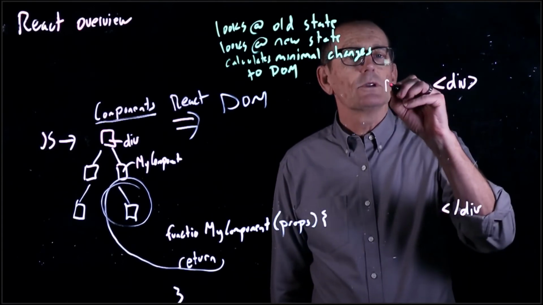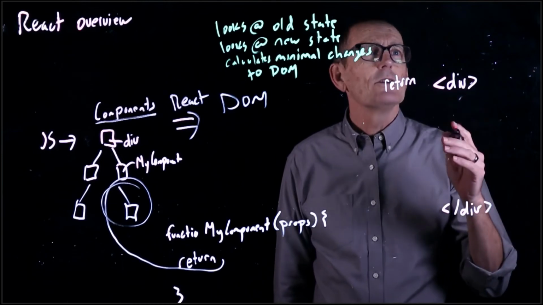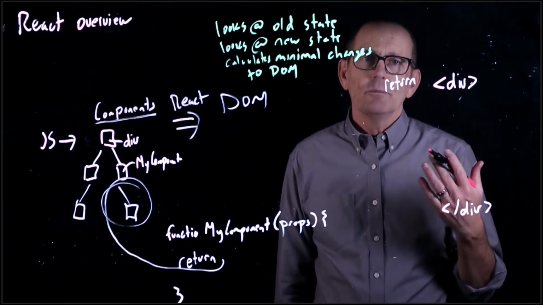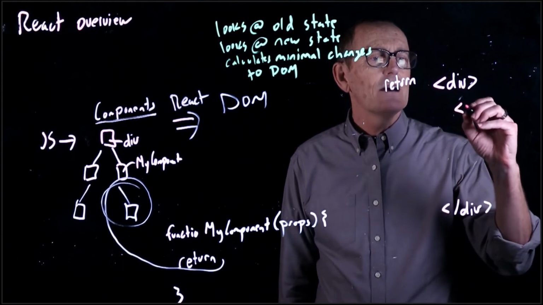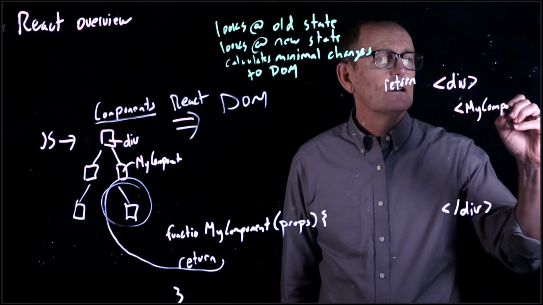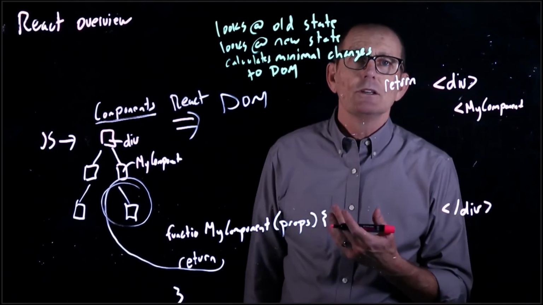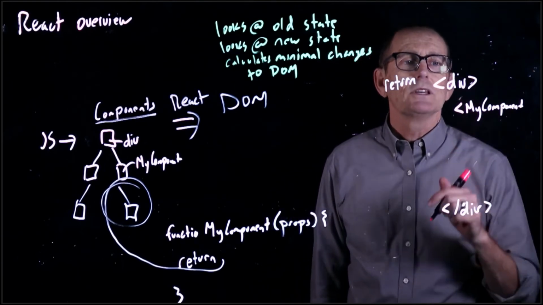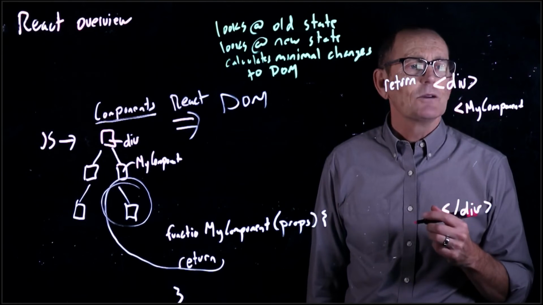So this might be something you return somewhere. And then within those, you can have other elements, paragraph elements, break elements, other sorts of things. But the other thing you can have is anything that starts in a capital is one of your own components. So these are JavaScript components as opposed to the built-in HTML components. So lowercase are HTML, uppercase are React components.